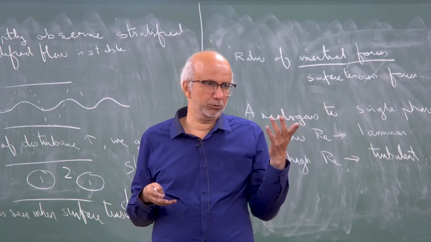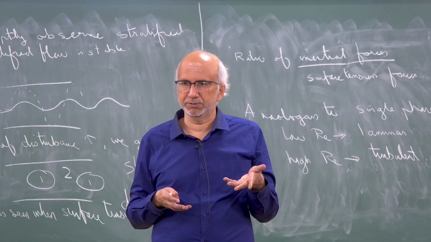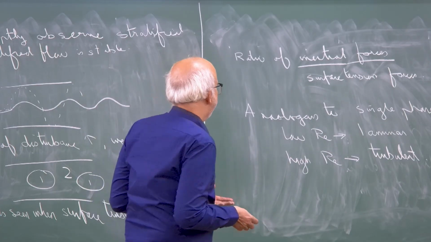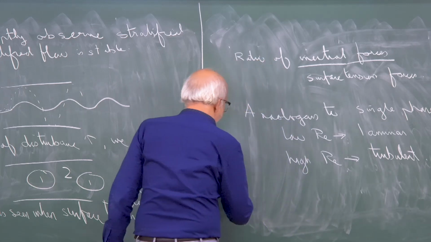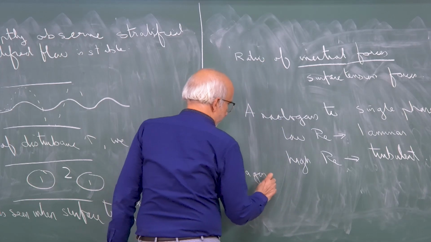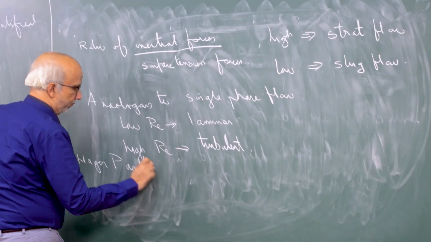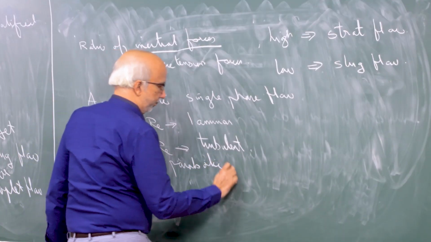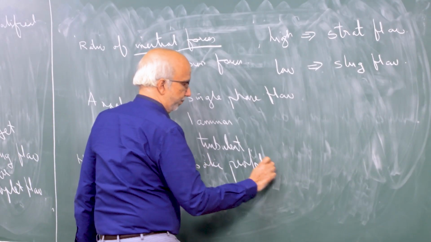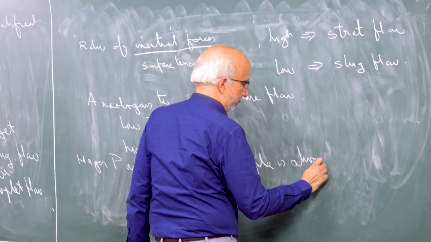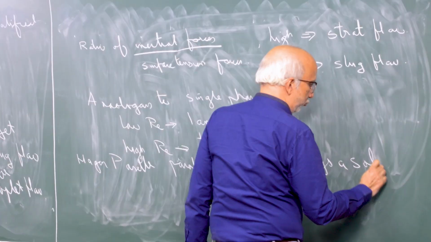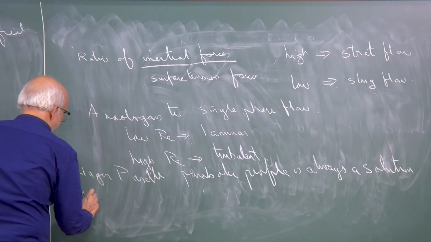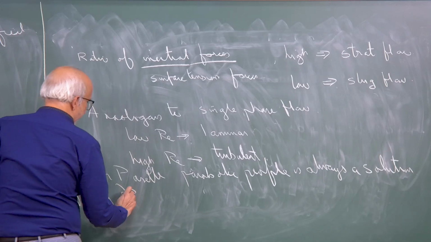So, there is no question of interfacial forces because there is only single phase, but there is only a question of inertial and viscous forces, okay. So, here the Hagen-Poiseuille parabolic profile is always a solution, okay, for any dp by dx.